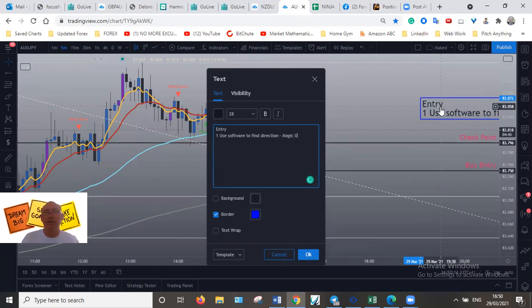Magic D. Second thing, typically you go how far, but for scalping, using what I call the hyper scalper strategy.